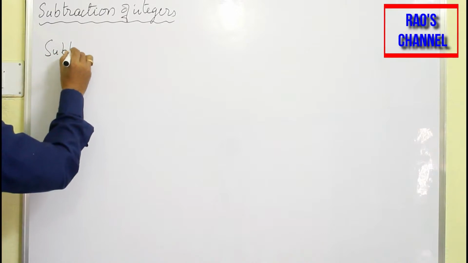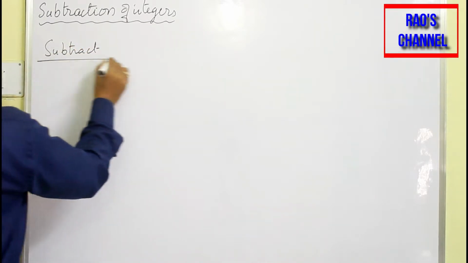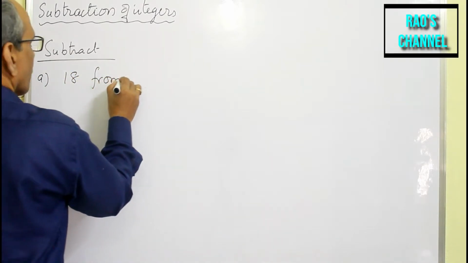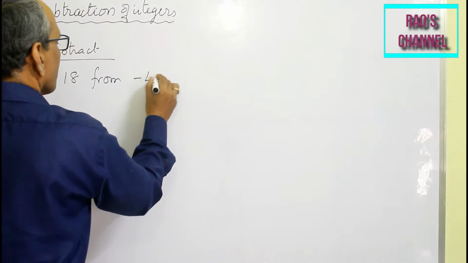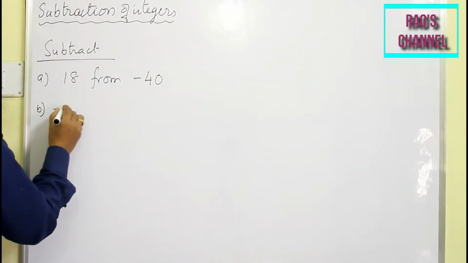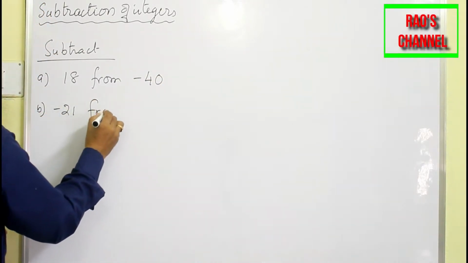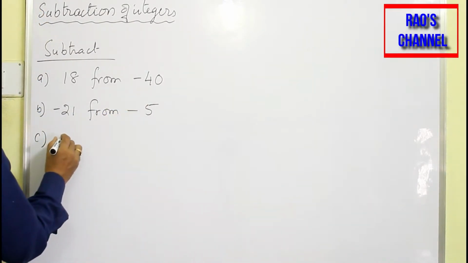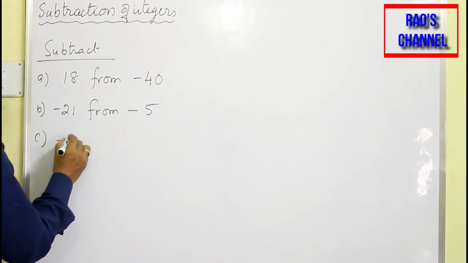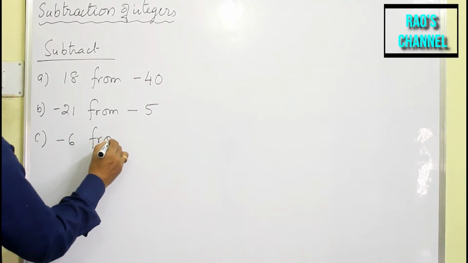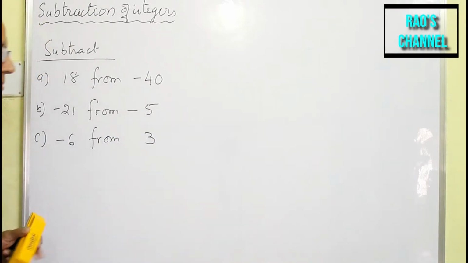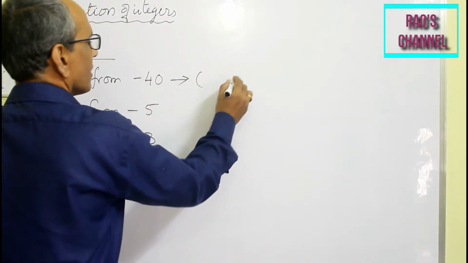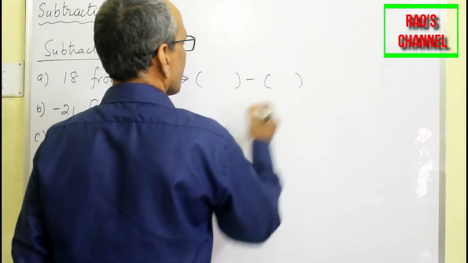Subtract A, 18 from minus 40, B, minus 21 from minus 5, minus 6 from 3. 3 different models. As I said, open 2 brackets first, followed by the operation subtraction.